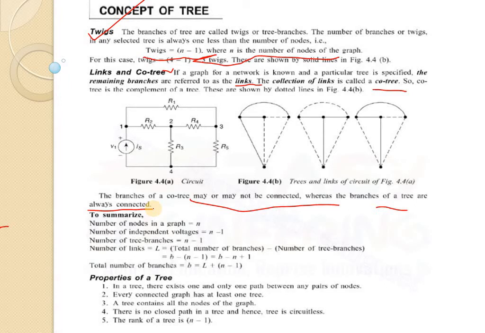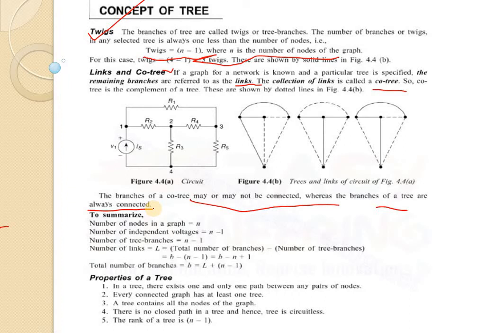Number of independent voltages will be n minus 1. Number of tree branches should be n minus 1. And number of links will be b minus (n minus 1), that means b minus n plus 1. That means number of links equals total number of branches minus number of tree branches.